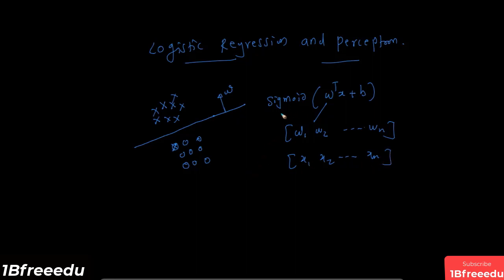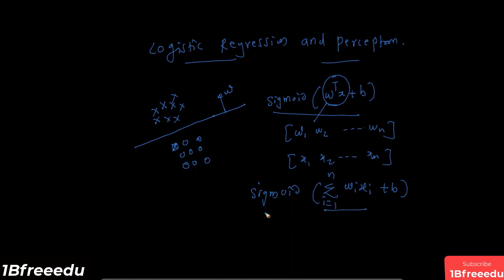I can write the same equation with the term W transpose X as the sum of the products of weights and x's, that is, sum of Wi xi plus b. That is how we can write the equation of logistic regression.